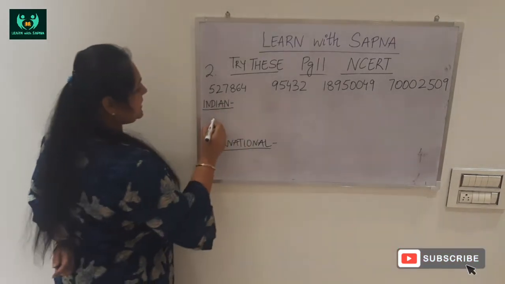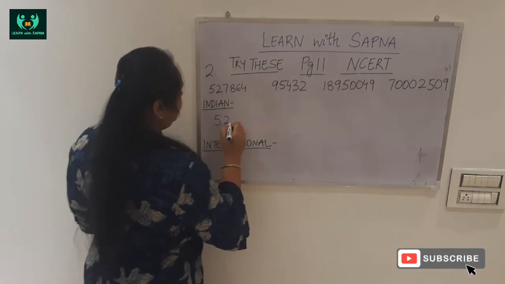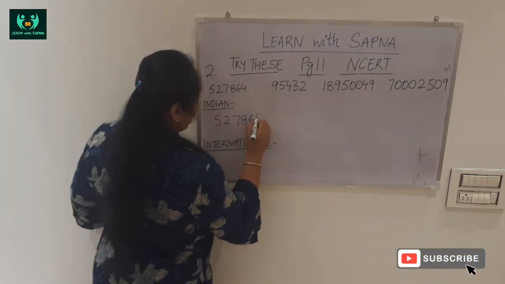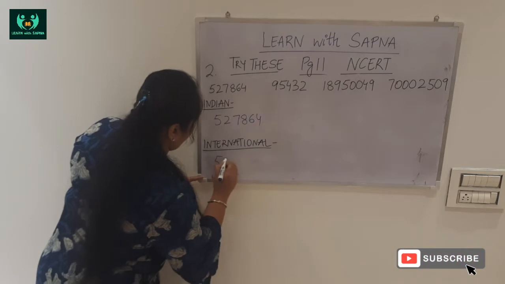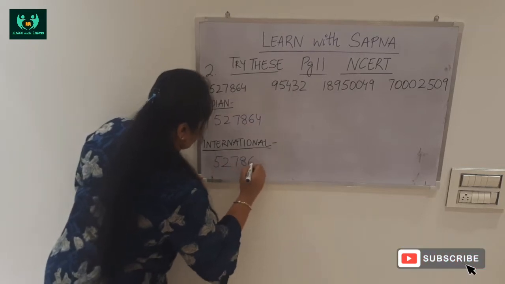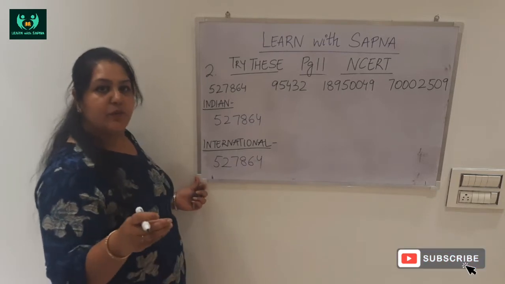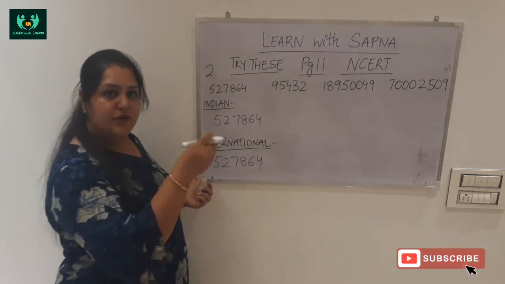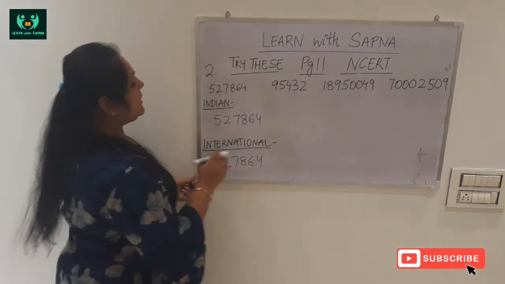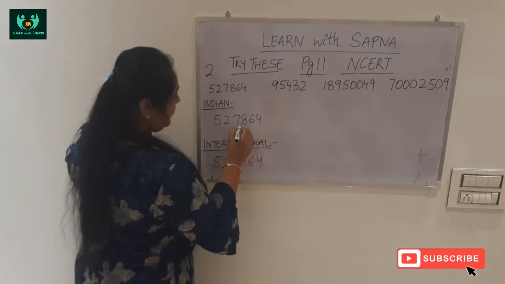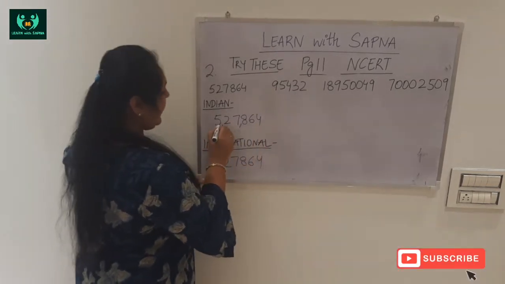Now let's see the difference. If we talk about this number, our Indian notation is the place values like we have been putting: ones, tens, 100, 1000, 10,000. Let's put the commas. Ones, tens, 100, 1000, 10,000, and lakh.